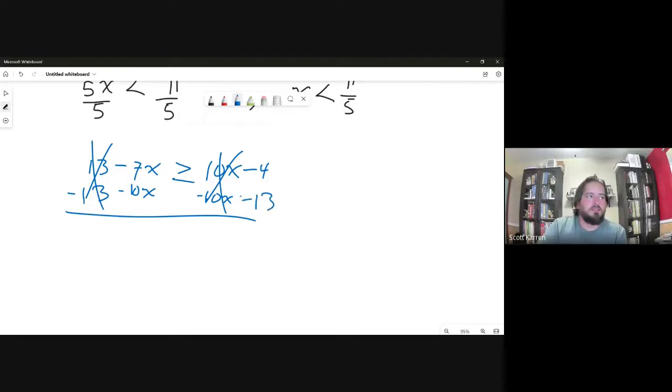So now I've got negative 7x and negative 10x is negative 17x is greater than or equal to negative 17, conveniently enough. And when I divide, I'm going to divide by negative 17.